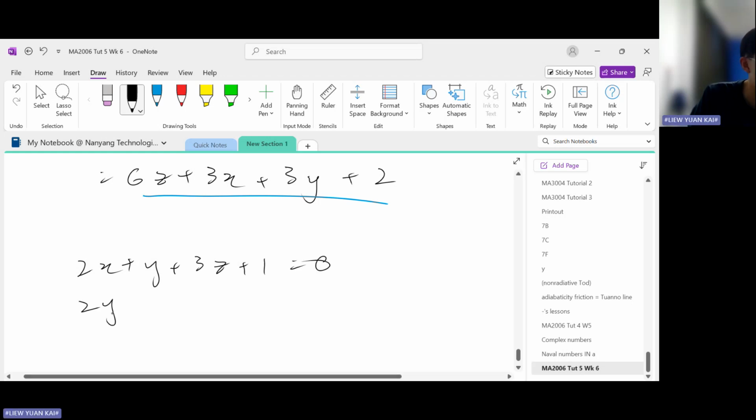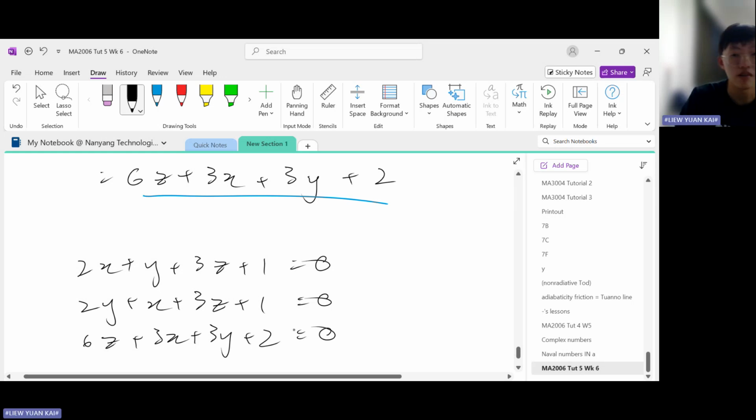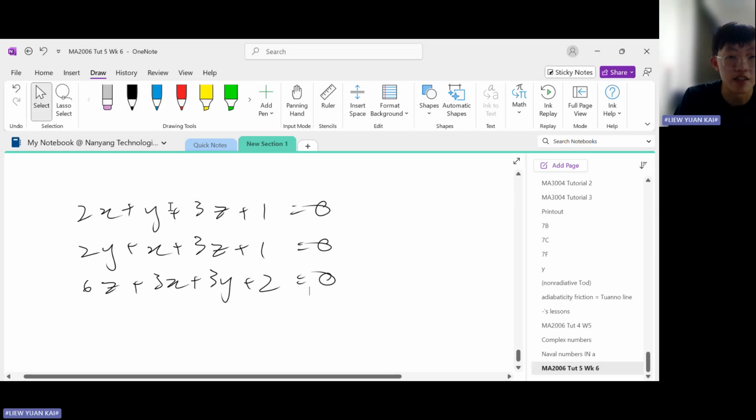The y derivative is equal to 0. The z derivative is equal to 0.